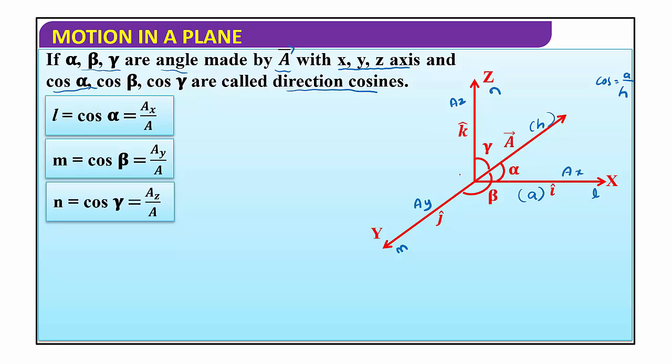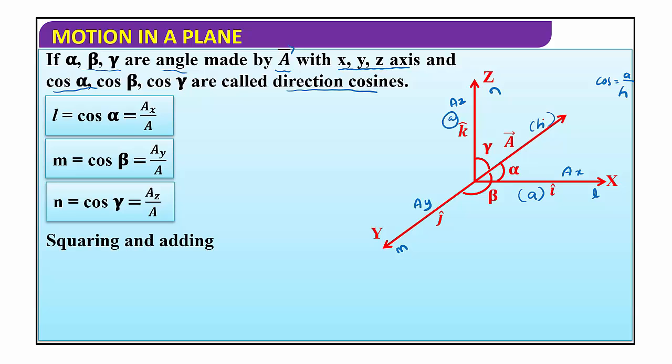N equal to cos gamma equal to AZ divided by A. This will be the adjacent side and this is the hypotenuse. So L equal to cos alpha equal to AX by A. M equal to cos beta equal to AY divided by A. Similarly, N equal to cos gamma equal to AZ divided by A.